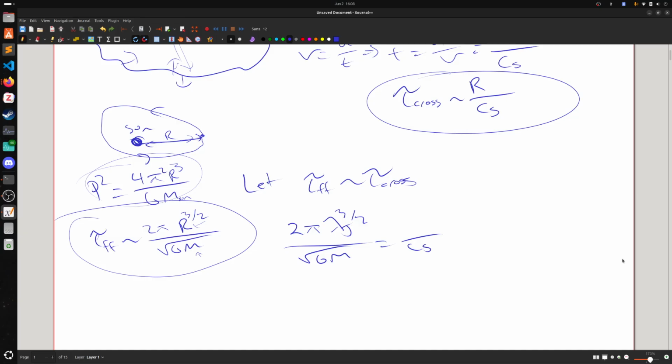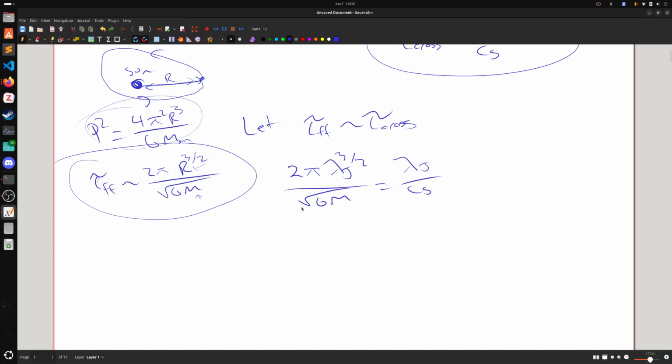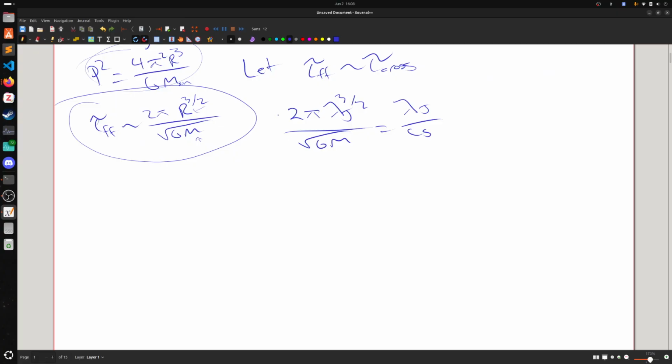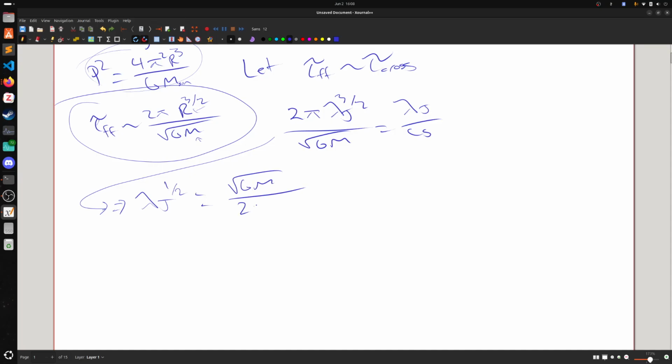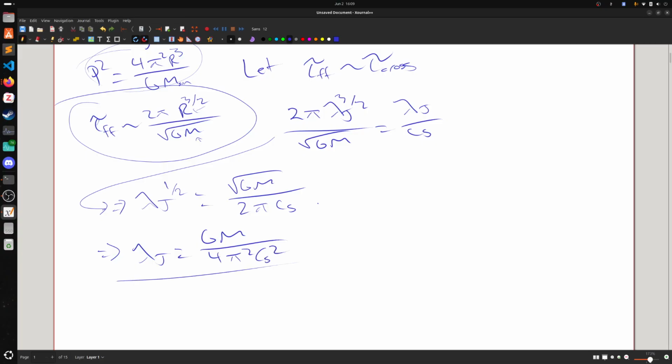Now, if we rearrange for the Jeans length, this implies the Jeans length, divide by lambda J to the 1/2, you get square root of lambda J is equal to square root of GM on 2 pi sound speed, implying the Jeans length is equal to GM on 4 pi squared sound speed squared. And that's your Jeans length.